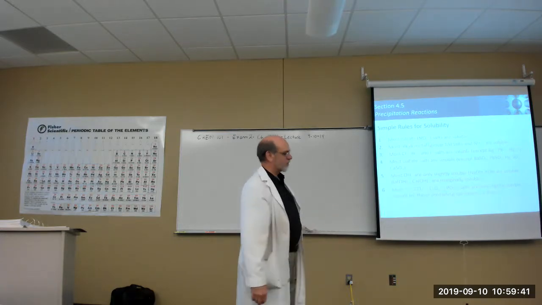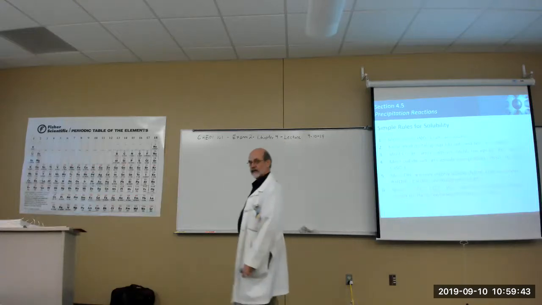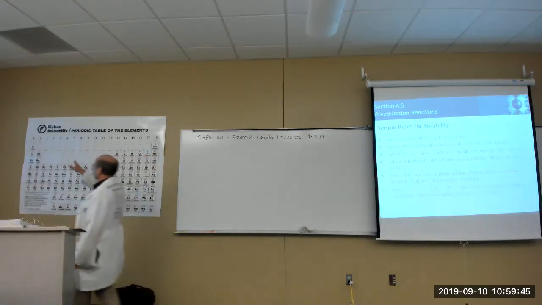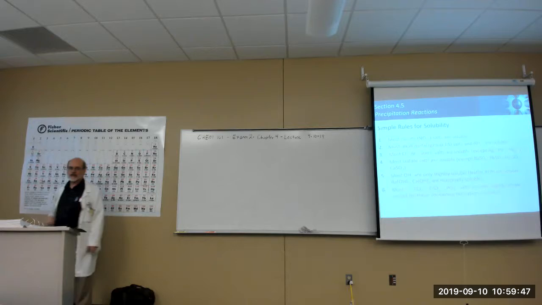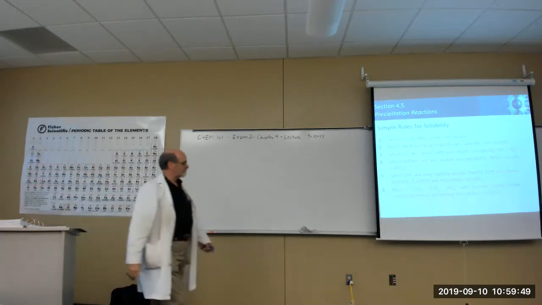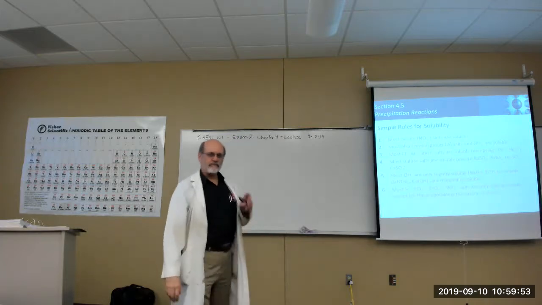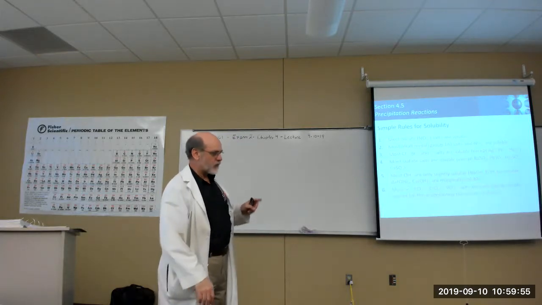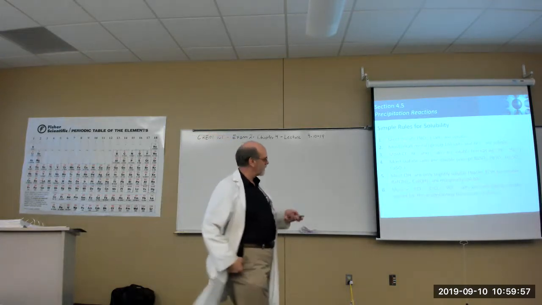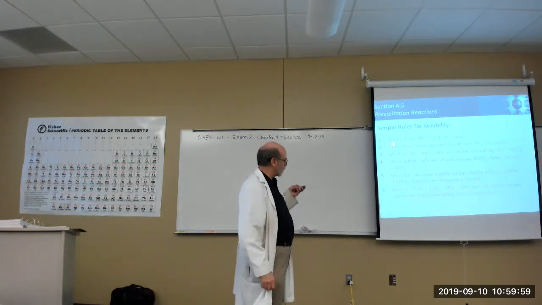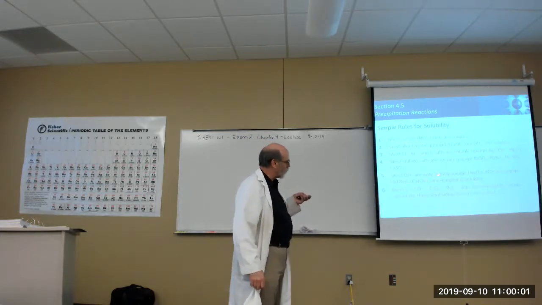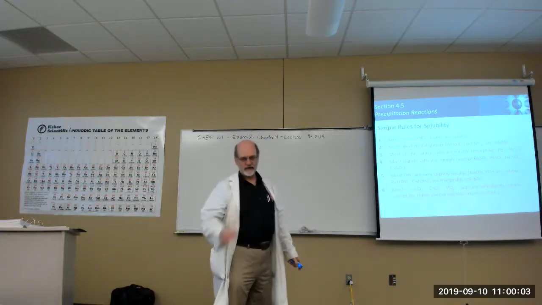Now, what are the alkali metals? Well, they're the group 1s, right, over here. All of these are soluble. Now, as we go down through this list, the order is important. If you ever encounter a conflict between one rule and the other one, the rule above it takes precedence.